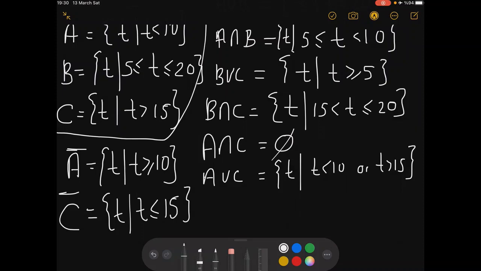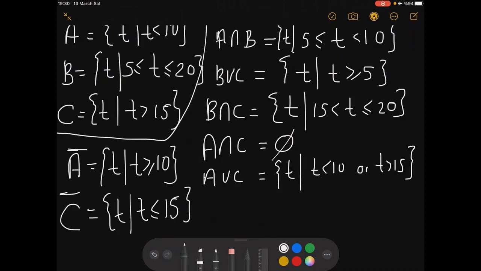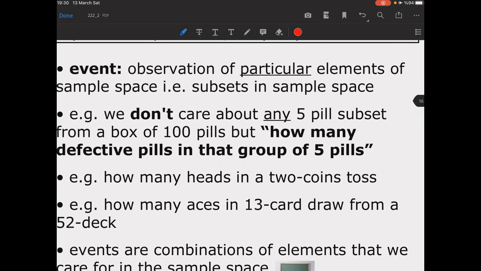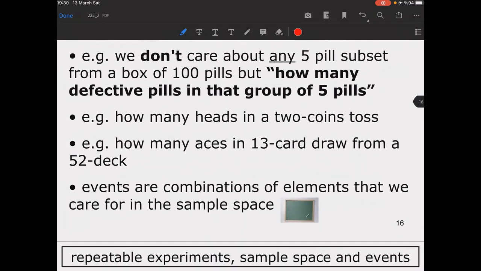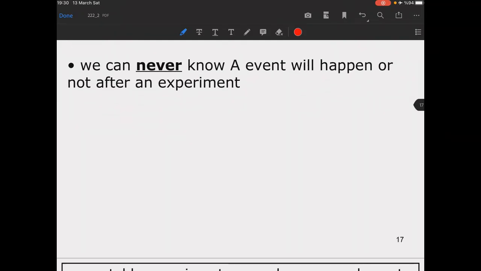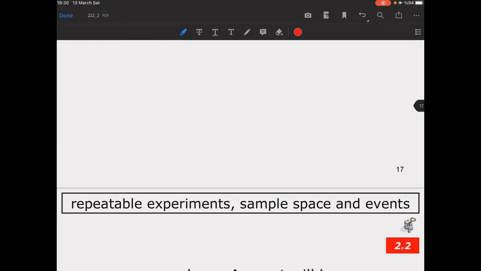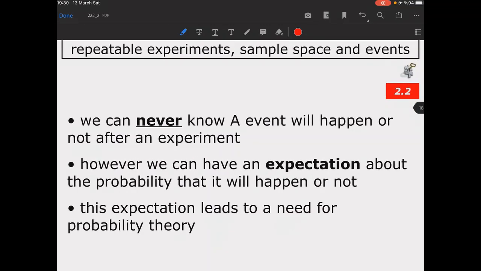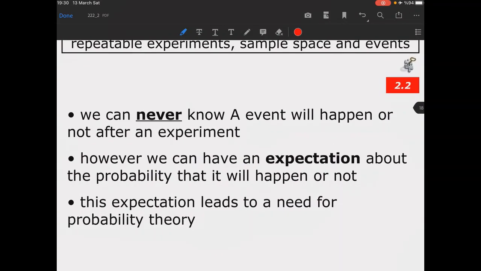So that's the idea about particular events in our set of experiments. We can never know whether event A will happen or not after an experiment. Otherwise, it would be like magic, or like a prophecy.